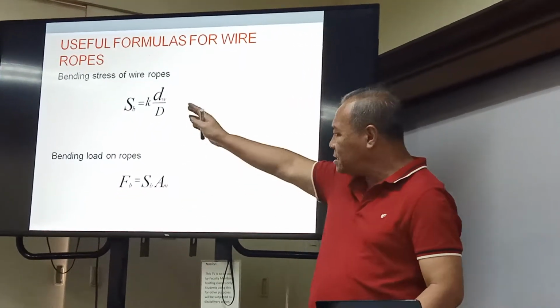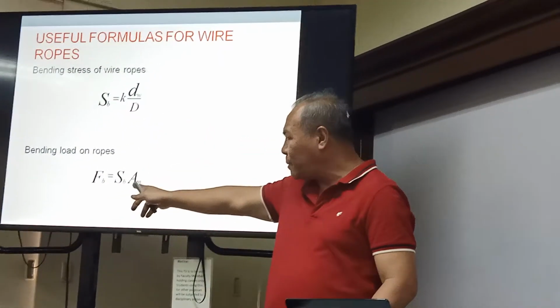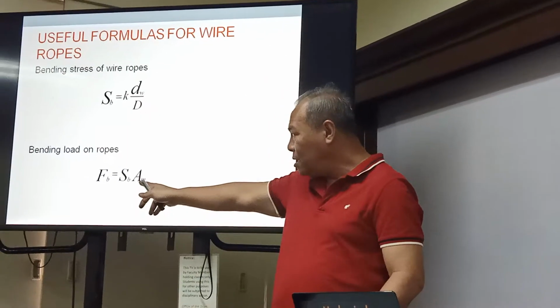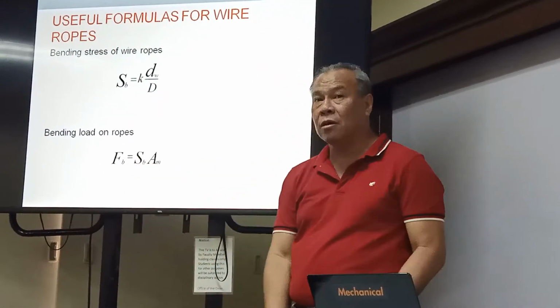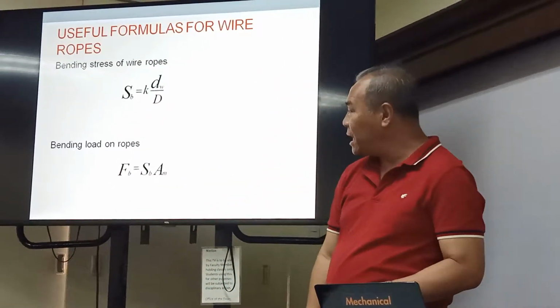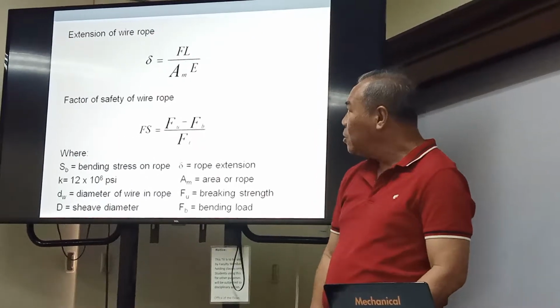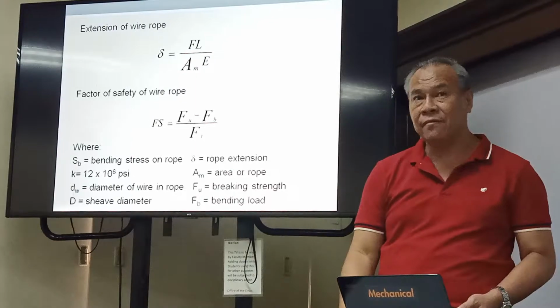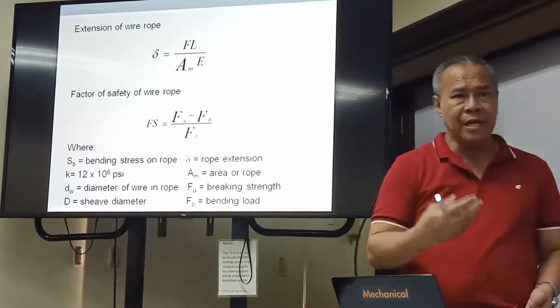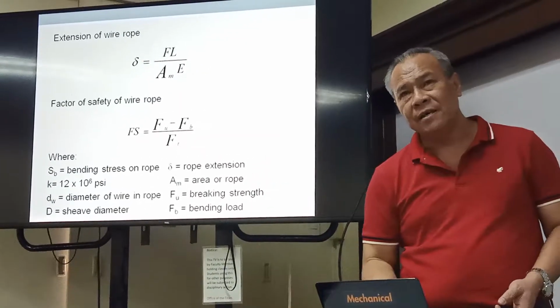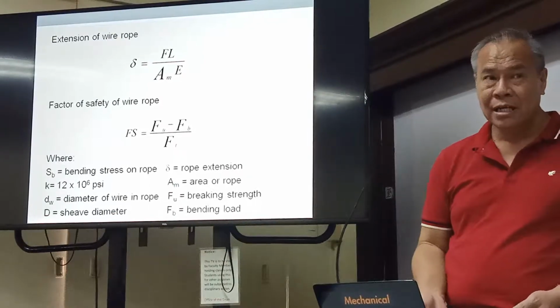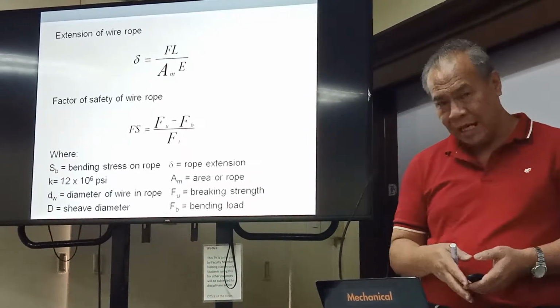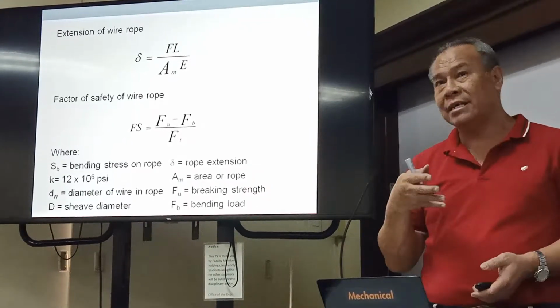If you know the bending stress, you multiply that by the area of the wire rope, that will give you now the bending load of the rope. Okay, pag alam din natin ang bending load ng rope natin, we can compute more or less extension as well as the factor of safety for the rope. Now, if you are using a wire rope, usually, the factor of safety will be higher. Okay, bakit ganon? Kasi nag-aakyat tayo, malaking load na nangyayari sa atin na yan.